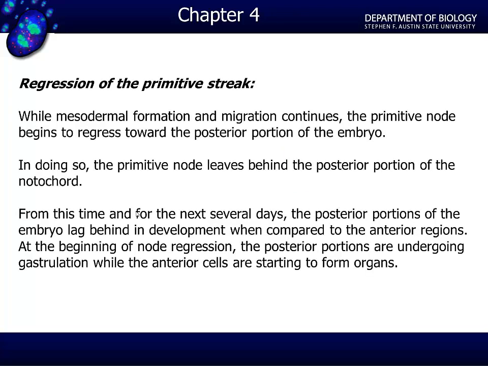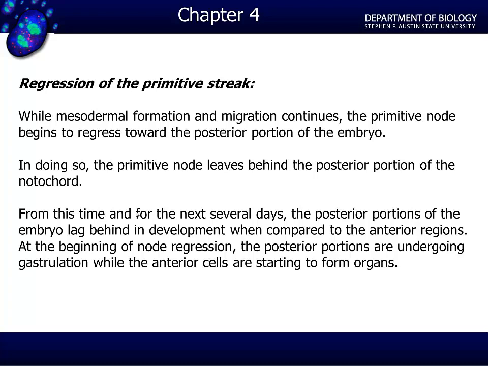Now, in the video, we really didn't get to see the regression of the primitive streak. And when we talk about migrating and structures moving during development, I hope that you appreciate that it's not actually growing legs, using dynein and kinesin and picking up their suitcase and going somewhere else. What we're talking about is the relative movement of one structure versus another.